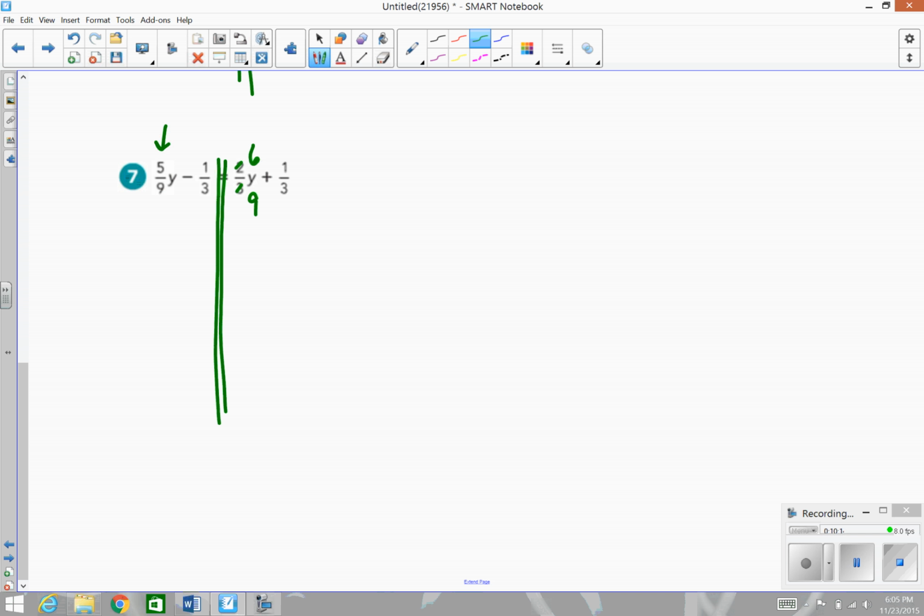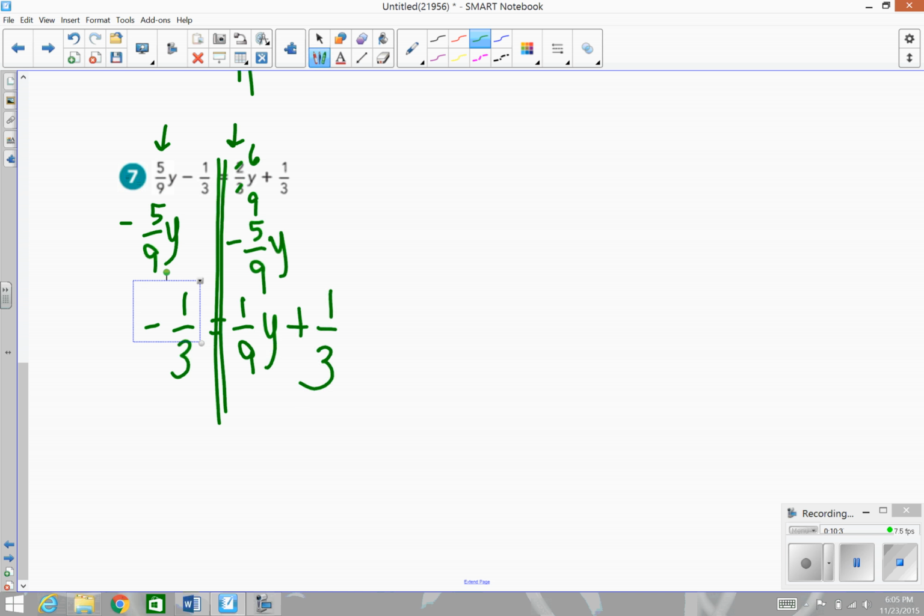Is 5 ninths smaller or is 6 ninths smaller? Okay, 5 ninths is smaller, so we're going to subtract that over to the other side. Okay, we'll have a negative 1/3 equals 1/9 y plus 1/3. And you should be good to go.